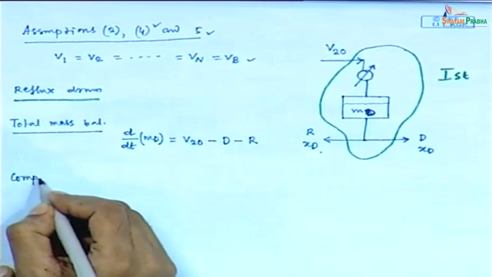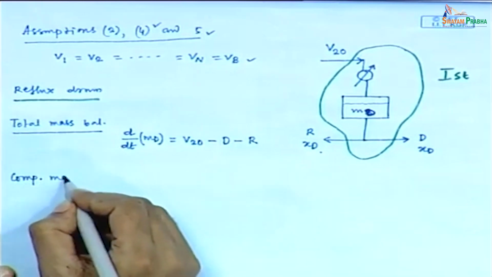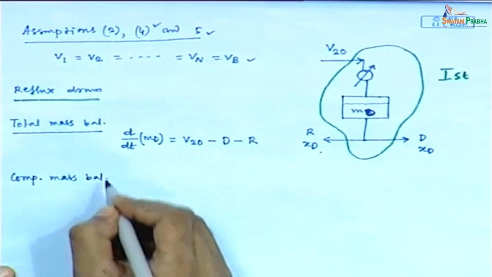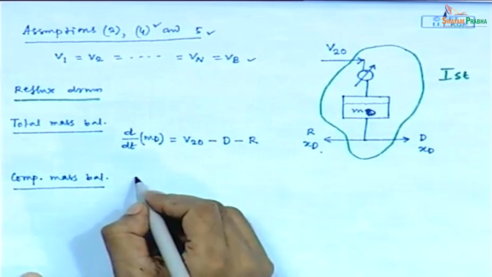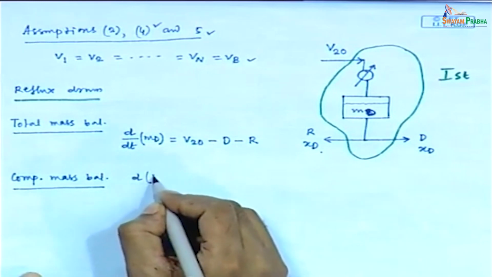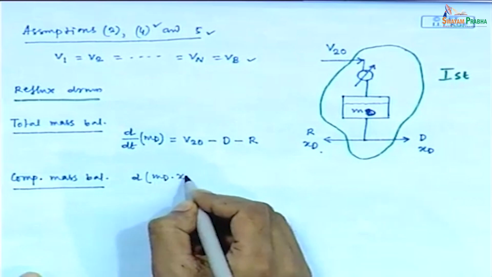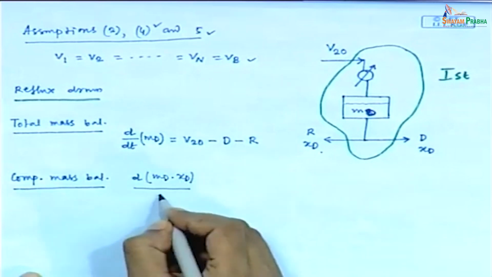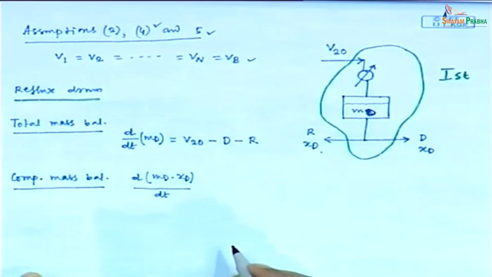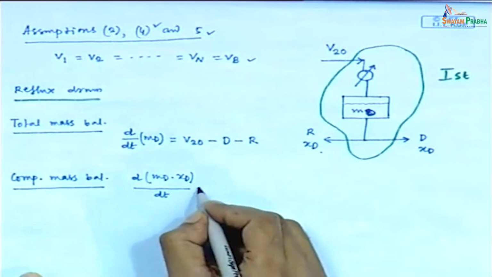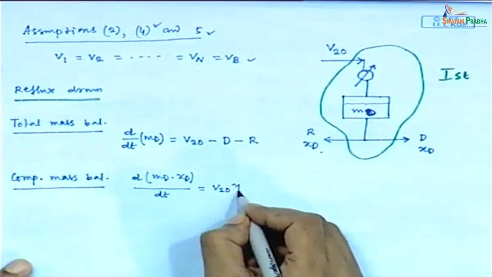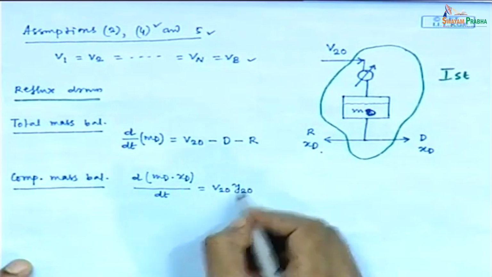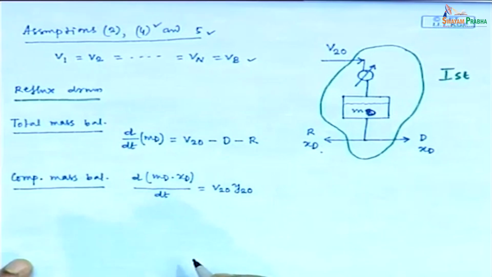Next, we will develop the component mass balance equation. What will be the component mass balance equation? d(MD xD)/dt equals V20. What is the composition? This is the vapor stream, so we represent vapor composition by y and liquid composition by x.